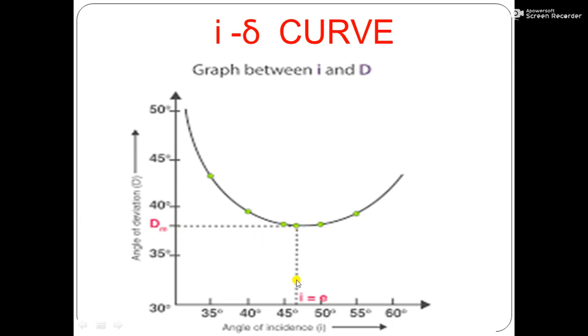And after this particular point, look here, at 50 degree the angle of deviation is increasing. That means up to this point only the angle of deviation decreases. After this point, the angle of deviation increases with the angle of incidence.